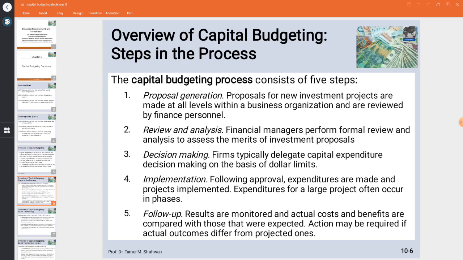Those are the 5 steps of the capital budgeting process.